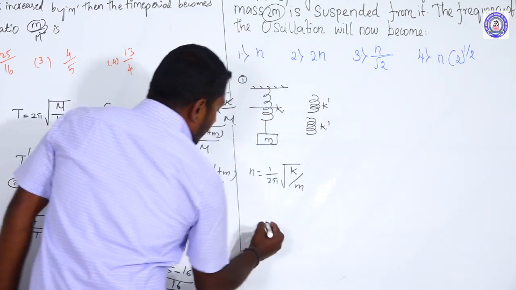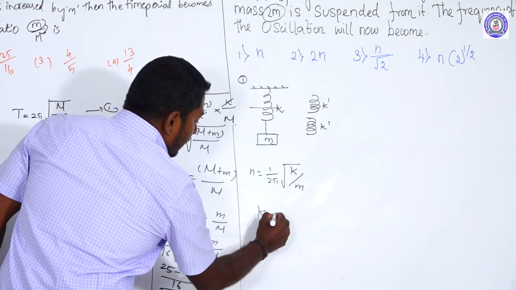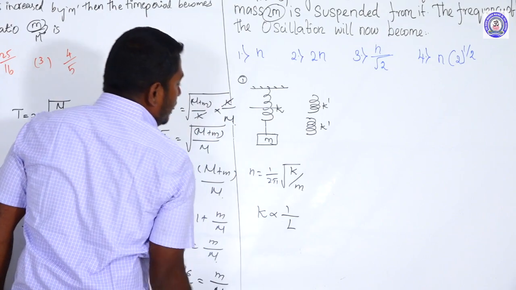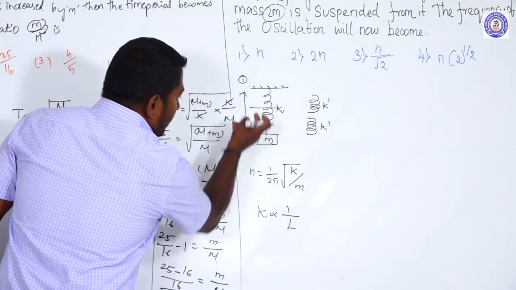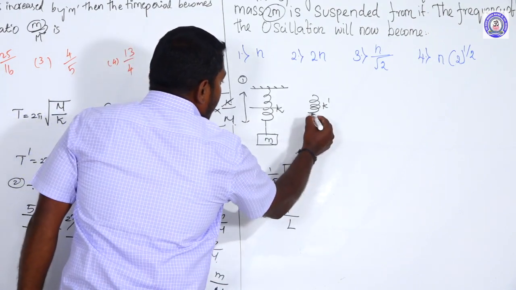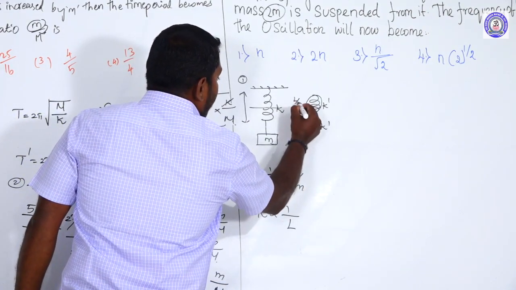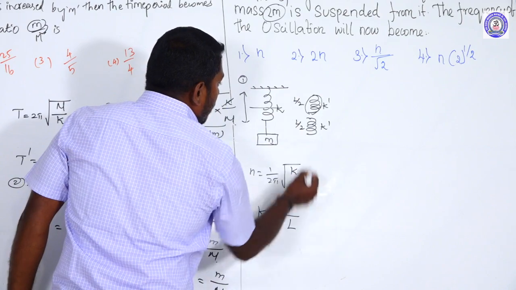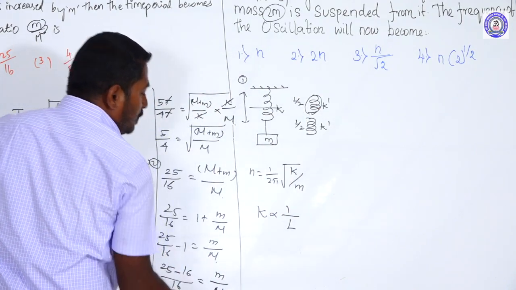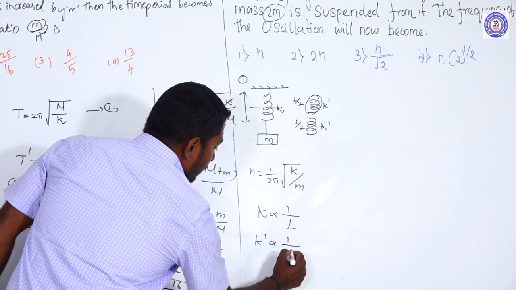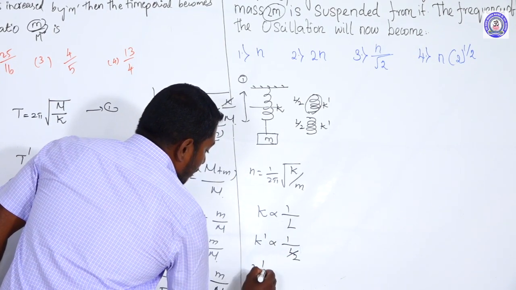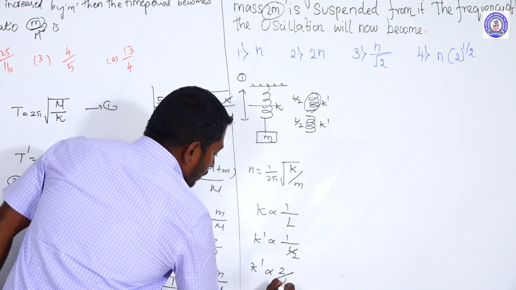Actually, spring constant is inversely proportional to the original or natural length of the spring. Now the spring is cut into two equal halves, each segment possesses a length L by 2. So each segment possesses a spring constant K prime proportional to 1 divided by L by 2, so K prime is proportional to 2 divided by L.